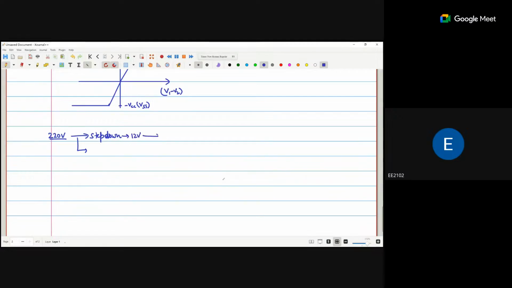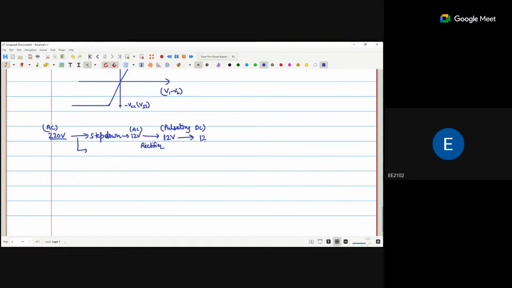Now this 12 volt is an AC signal. You require an AC to DC converter, the rectifier, which gives a 12 volt pulsating DC.